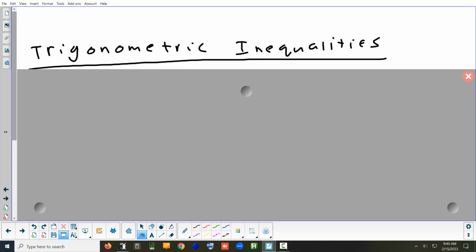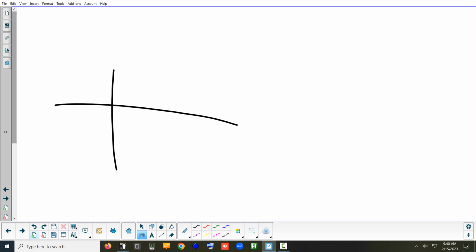So the last thing we'll finish up with, which uses pretty much 90% of what we just did, is solving inequalities. But remember, when you solve an inequality, the answer isn't x equals something. The answer is usually an interval. So if you had a trig function that looked like this, and I asked you, not where that function equals 0, but where is it less than 0?